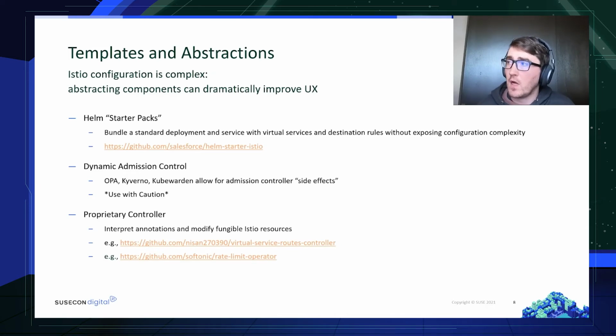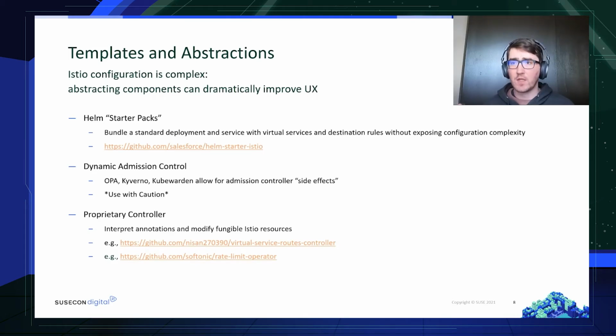So an example of what I mean by this would be if you wanted to, upon creation of a deployment and a service, create a static virtual service that goes along with it, not necessarily tie that into a gateway or anything, but just make sure that there's a virtual service object that's created that could be leveraged. That would be a way to do it.